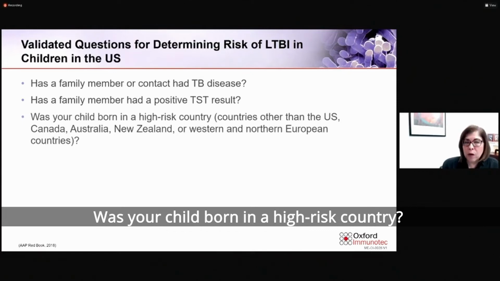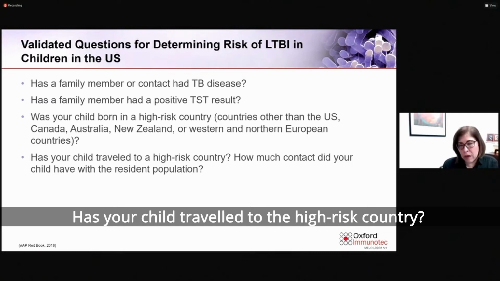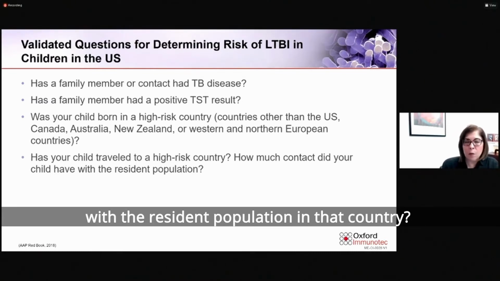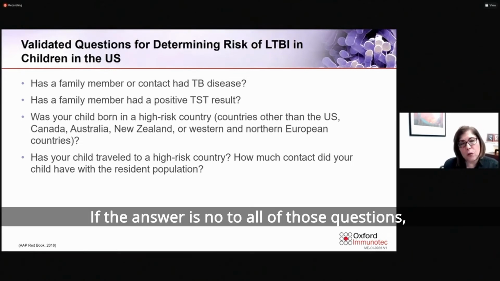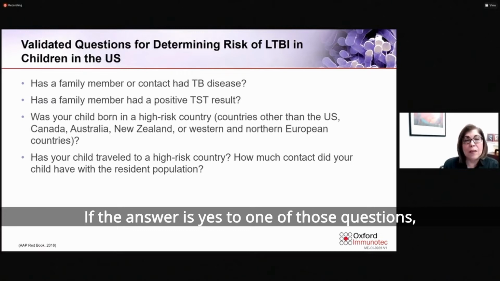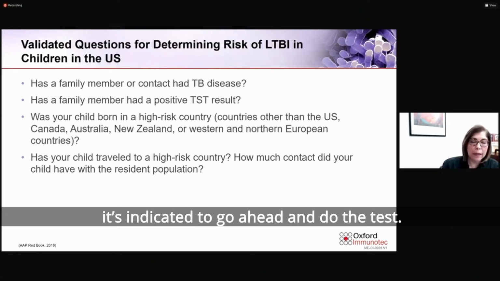Was your child born in a high-risk country? Has your child traveled to a high-risk country? And how much contact did your child have with the resident population in that country? If the answer is no to all of those questions, then you don't need to do a test, TST or IGRA. If the answer is yes to one of those questions, it's indicated to go ahead and do the test.